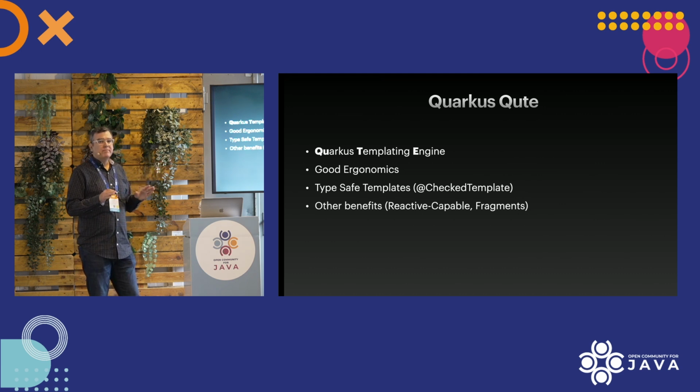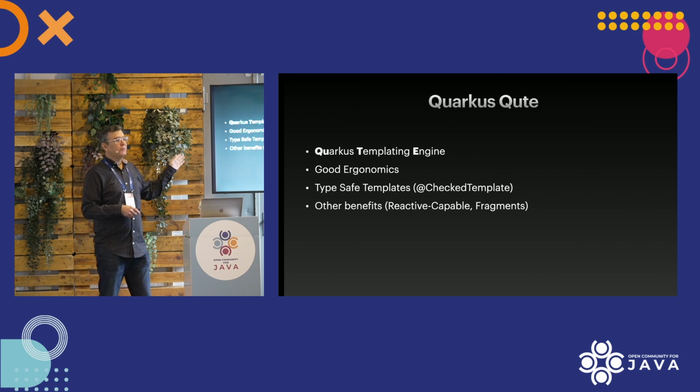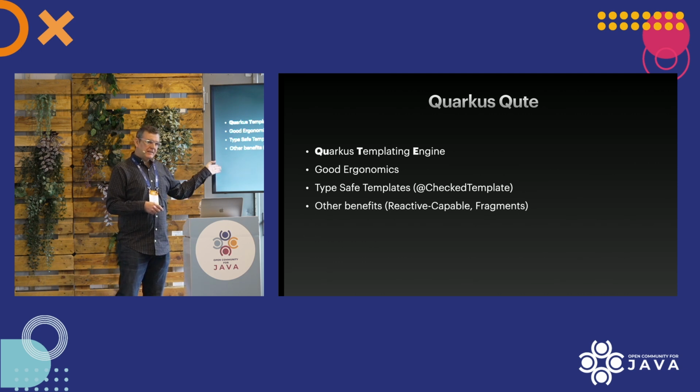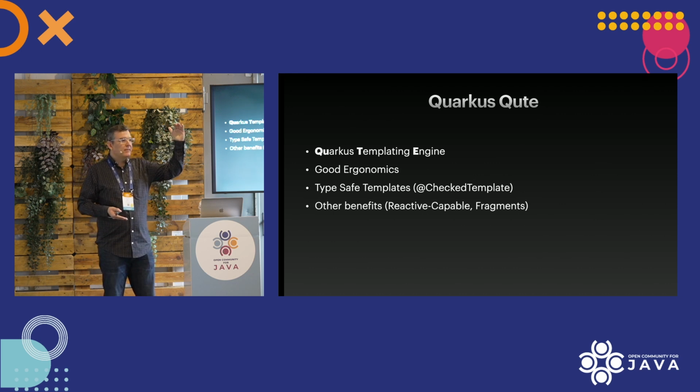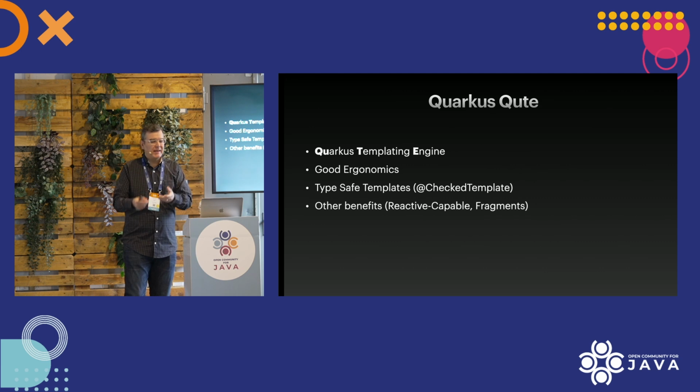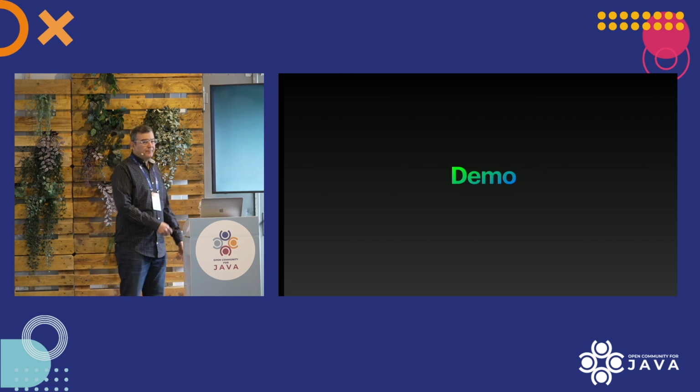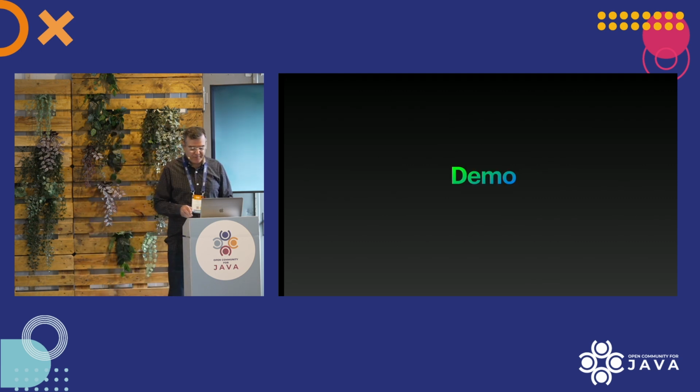So at build time, Quarkus will tell you whether your templates exist or not before you deploy your application. And then there are other benefits to this Qute templating engine, like it's reactive capable, not necessary, but it's there. And it's got fragments, which are snippets of code or HTML that can be embedded in larger HTML templates that can be manipulated independently. All right, so let's do the demo.